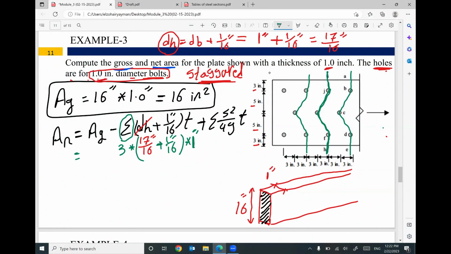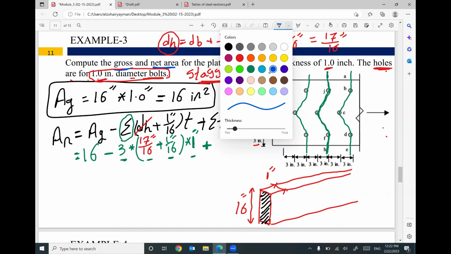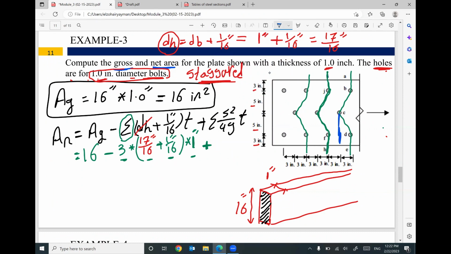Keep in mind, your area gross is 16 minus. This is how to set up your equation and put in your numbers. This is the d hole, this is 1/16, this is the thickness, and this is the number for the summation. And I will need to add S squared divided by 4G. Your S is the horizontal distance between this bolt and the next one, or the previous one.